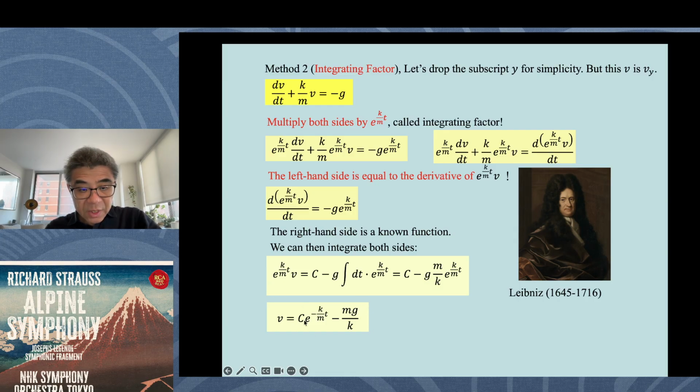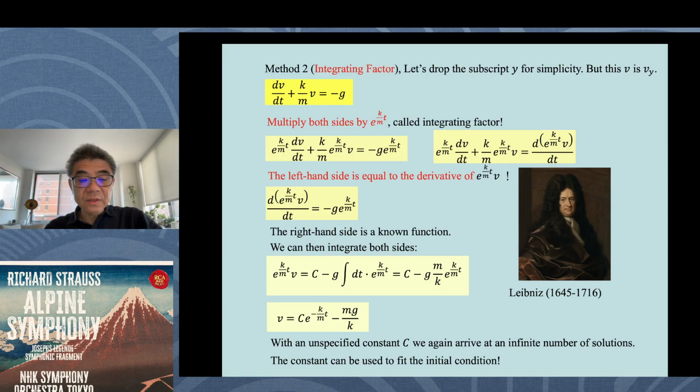And remember, here is a c. Therefore, the unspecified constant will appear automatically. Remember, this unspecified constant is very important for our calculation. It will fit the initial condition.